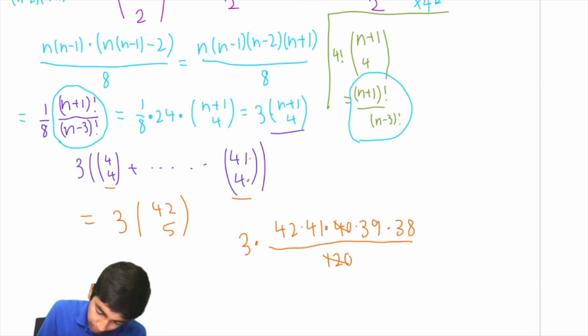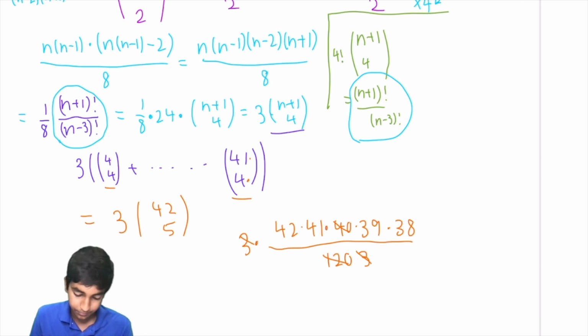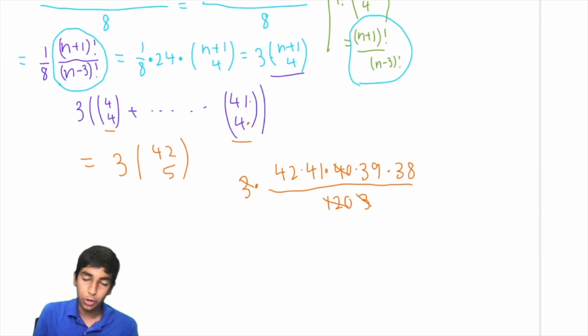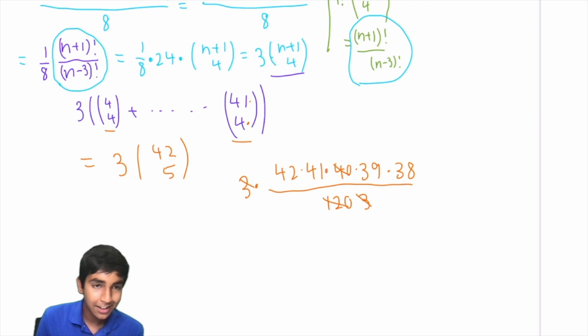This cancels 3, this cancels, and now it seems like we're left with just this to evaluate over here. Okay, let's do this multiplication now. But wait, are we really going to multiply this out?